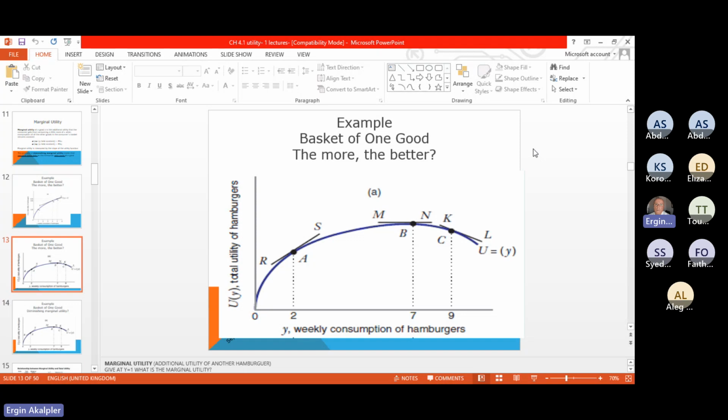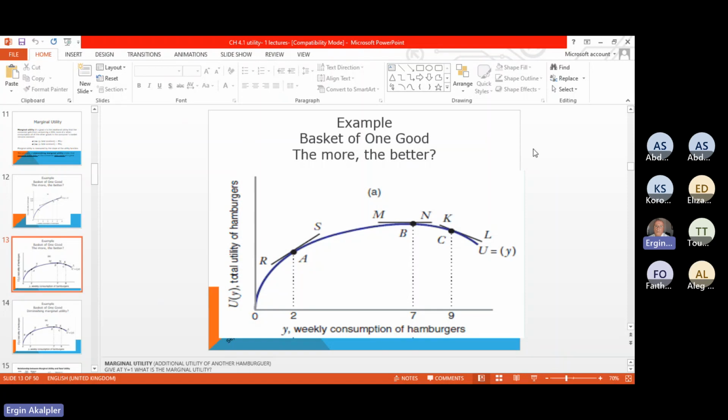And here another example is given where the hamburgers is represented. A is supposed to be the starting of this consumption, whereas the tangent point of this bundle where the budget constraint or budget line intersects this utility function, then it goes to B, and it goes to the optimal somehow, and then it is going to the C, where the utility is starting to reduce for the point C as it is given in this curve.